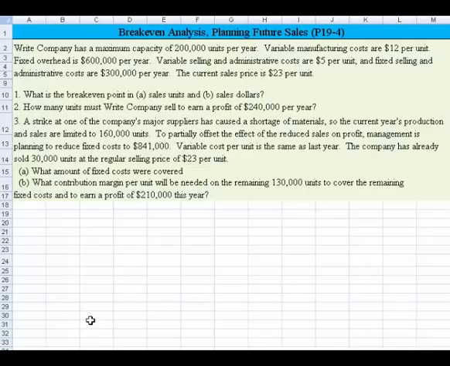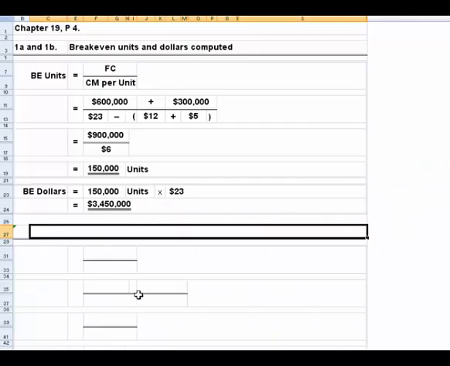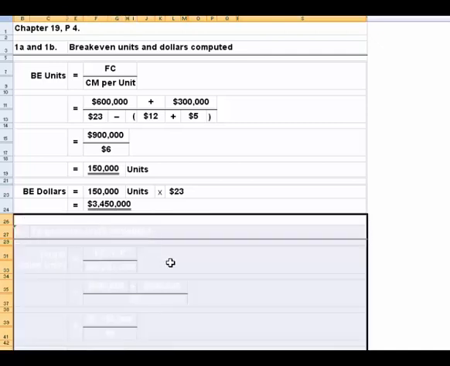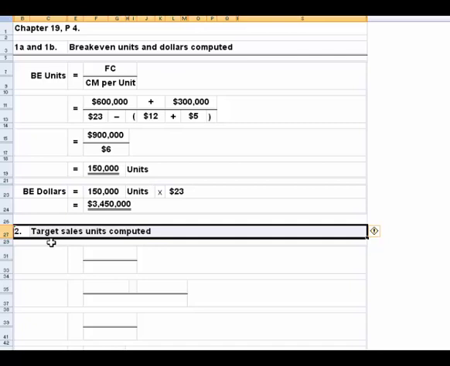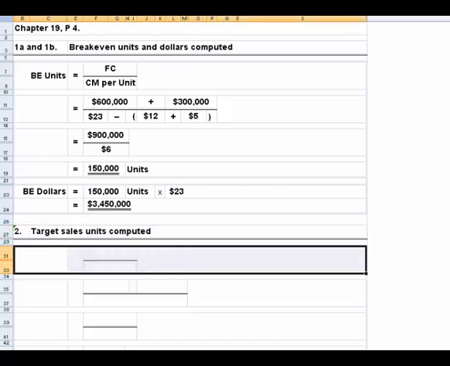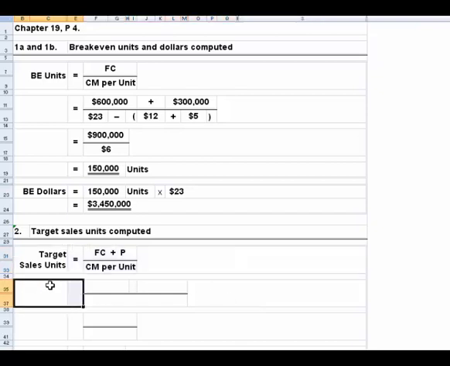Okay, now jumping back, number 2 says, how many units must Wright Company sell to earn a profit of $240,000 per year? If you remember the formula, here's the formula with targeted sales. We take the fixed cost plus the desired profit and divide it over the contribution margin.